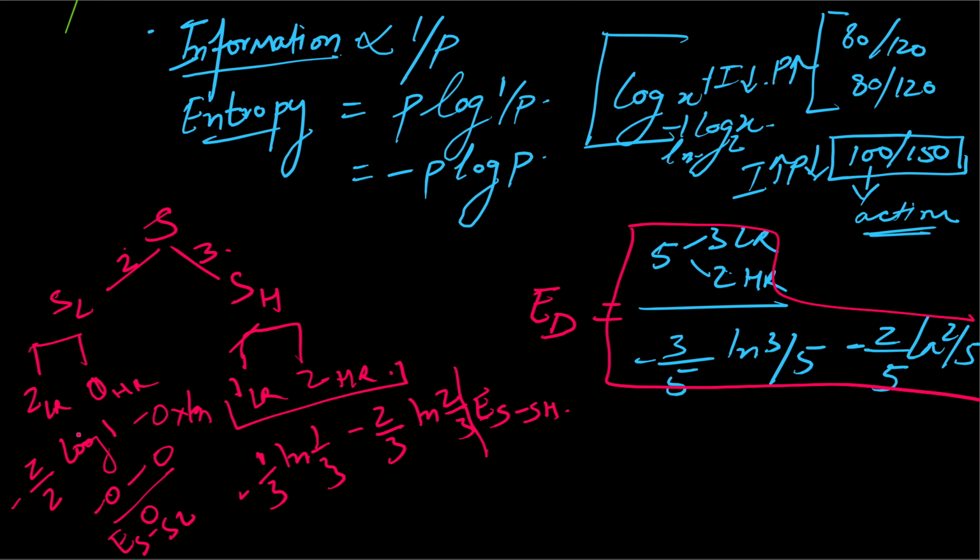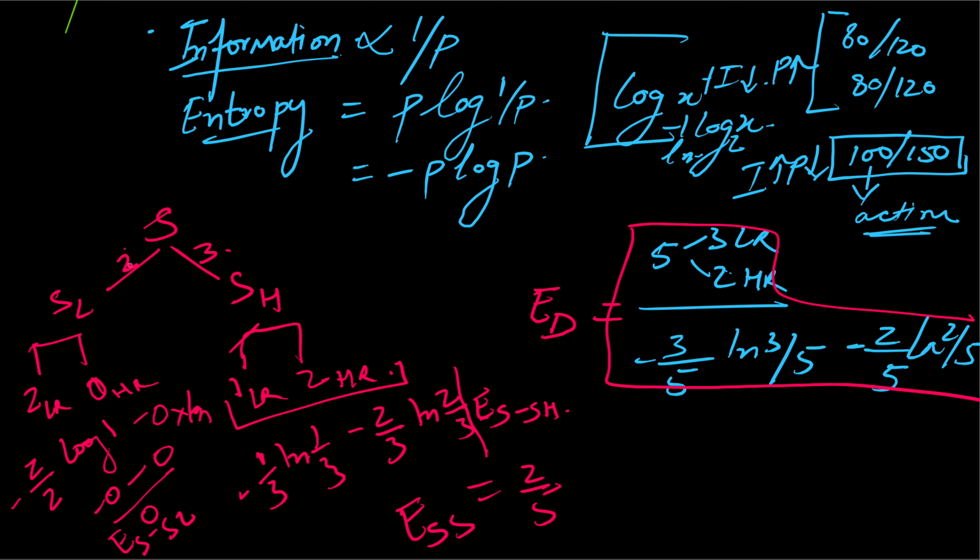So what is the entropy of the data after the partition? We can say entropy of the systolic split is equal to the weighted average of the individual splits, which is 2 by 5.